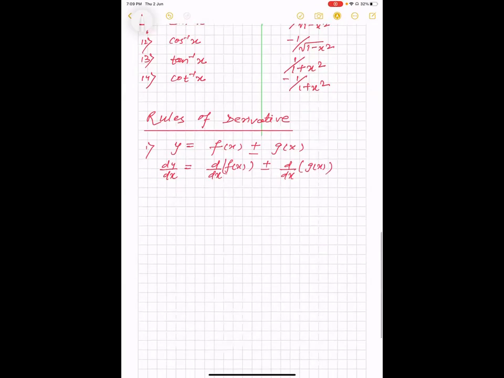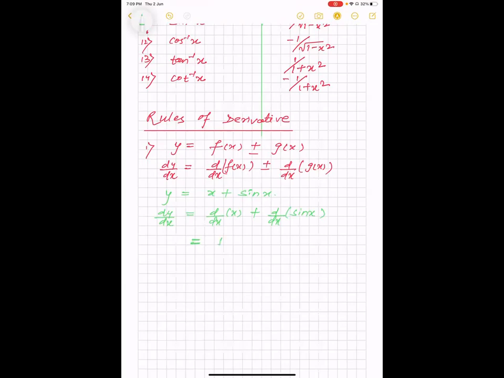For example, let's say y equals x plus sine x. Then dy by dx should be the derivative of x plus the derivative of sine x. Now to find the derivative of x, you can apply the formula of x raised to n, which is x raised to 1 in this case.